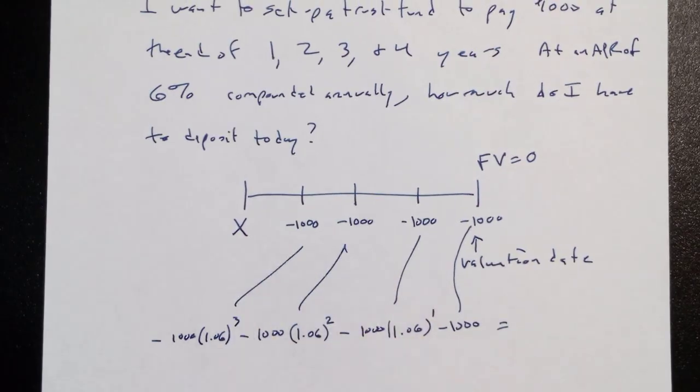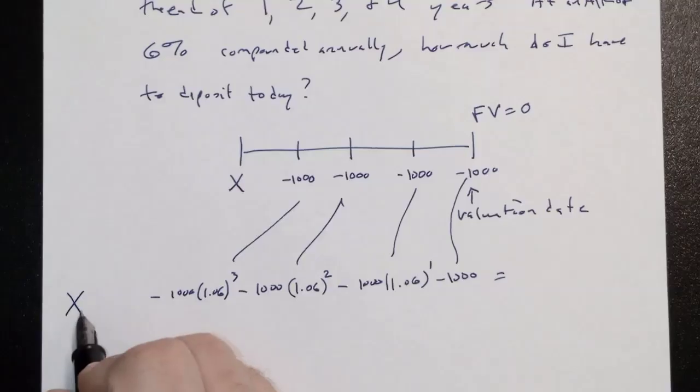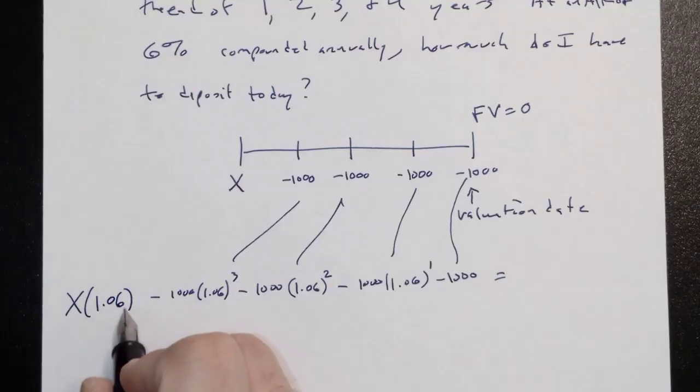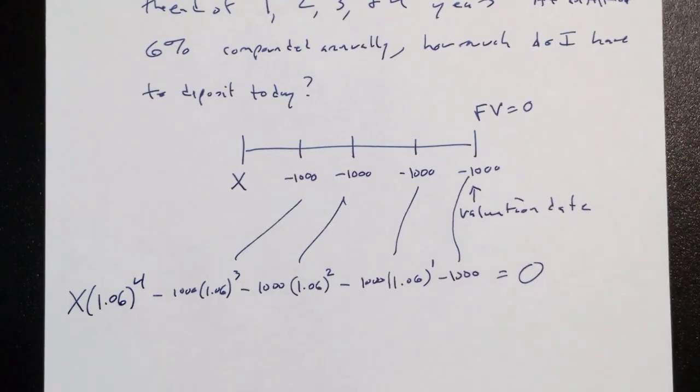What about X? And that's positive because that's money I put in. And at the end, I want that to be equal to 0.